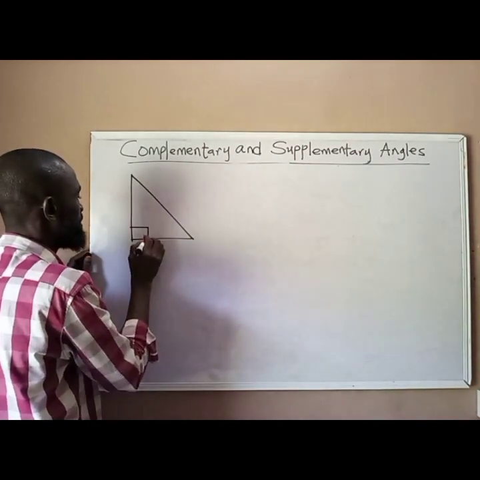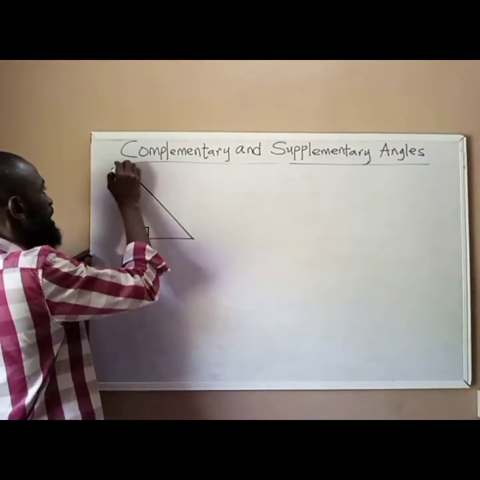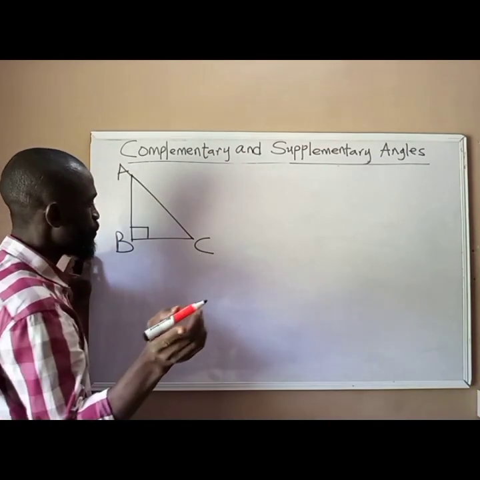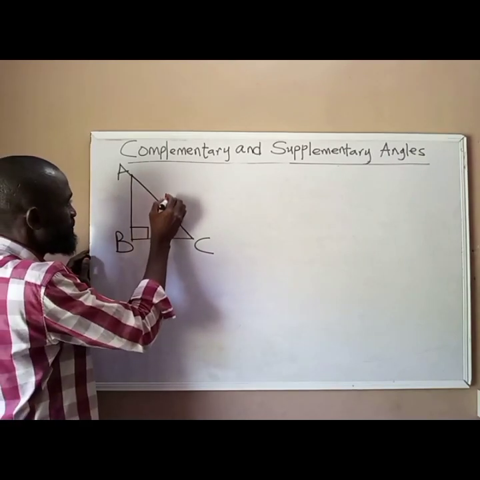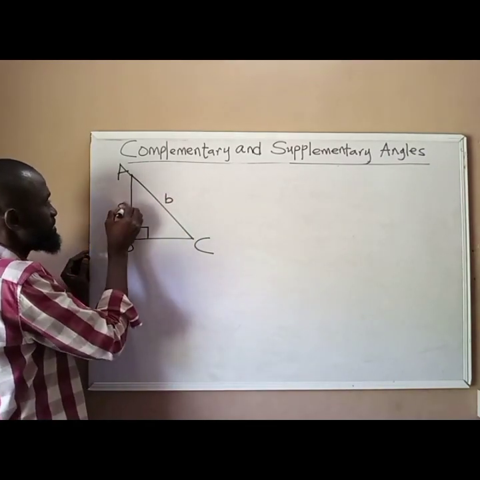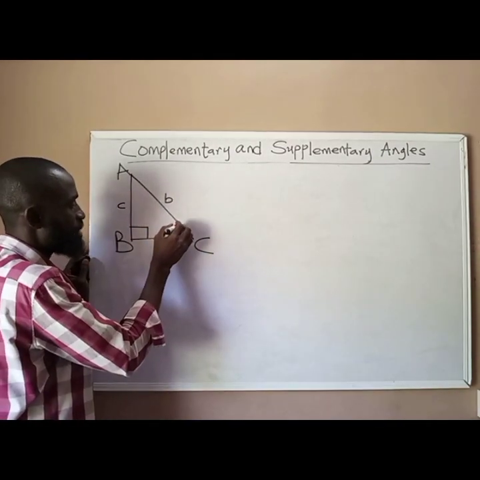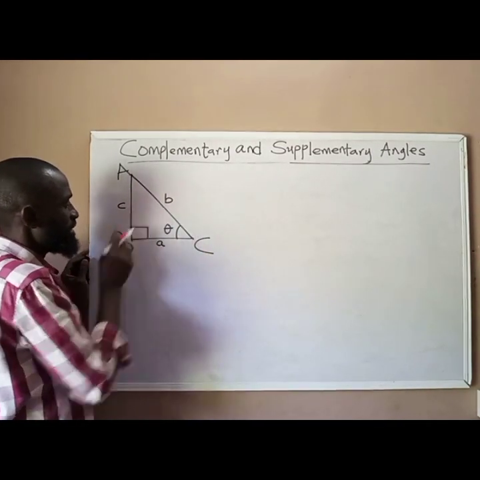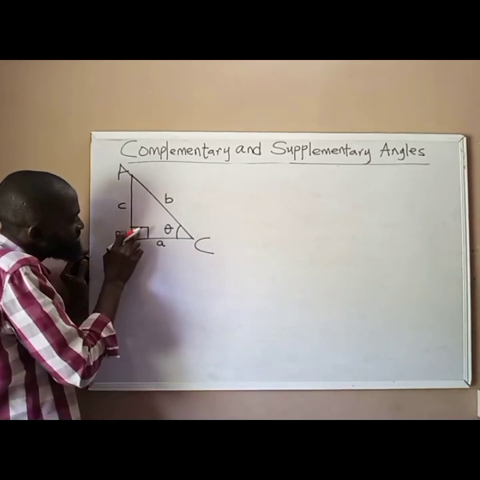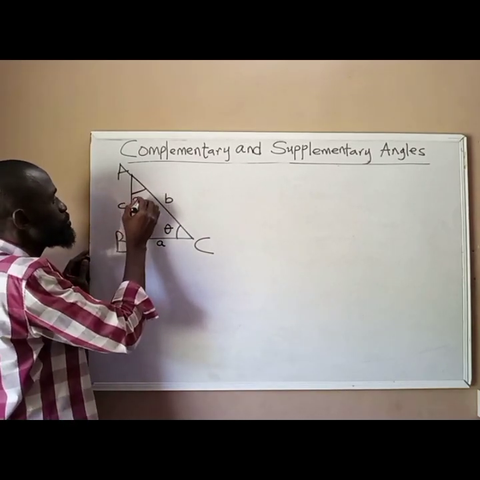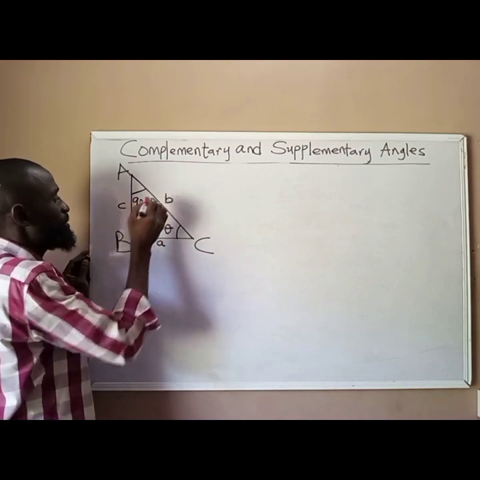So this is a right angle triangle A, B, and C, with side small b facing this, small c facing this, small a facing this, and equally angle theta. If this one is theta, this is 90. Obviously, this last one will be equal to 90 minus theta.